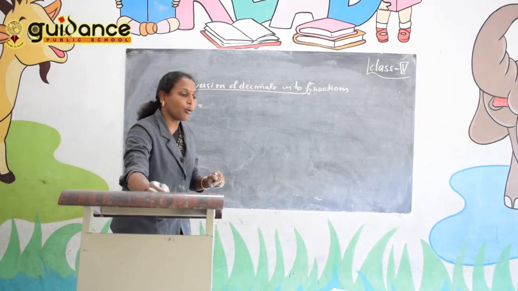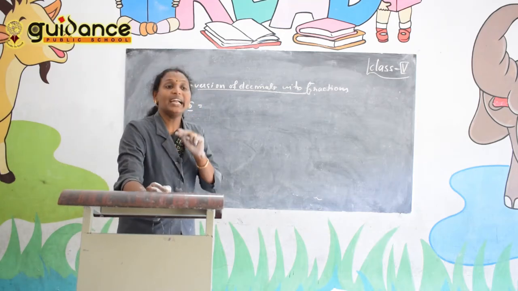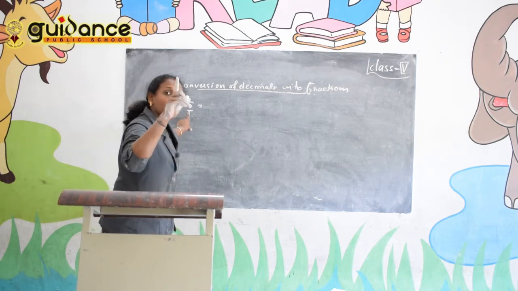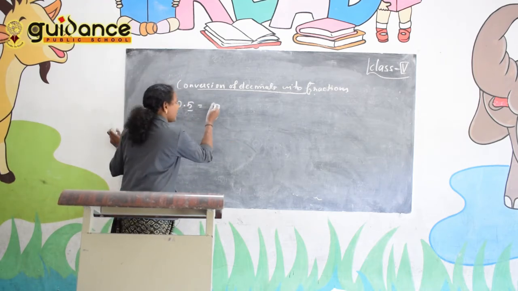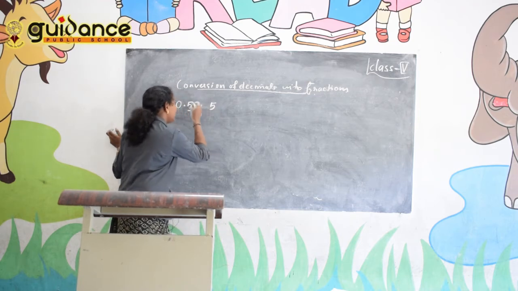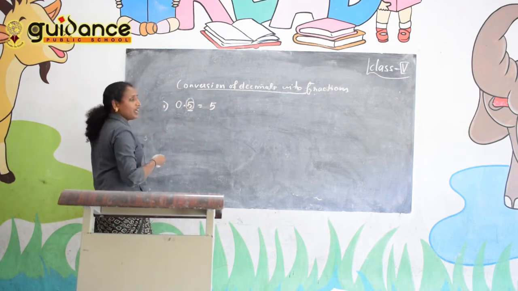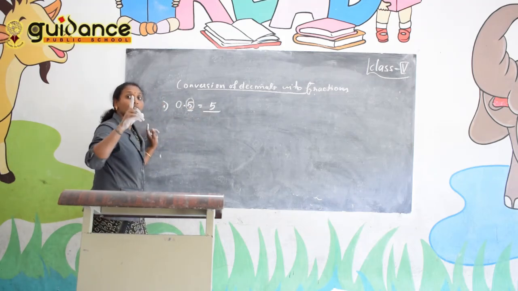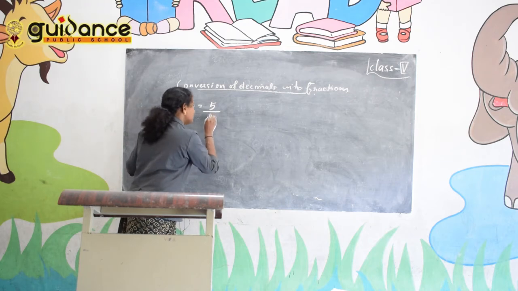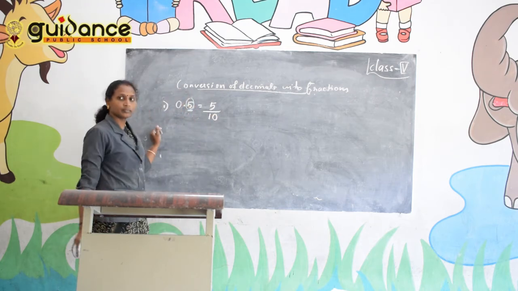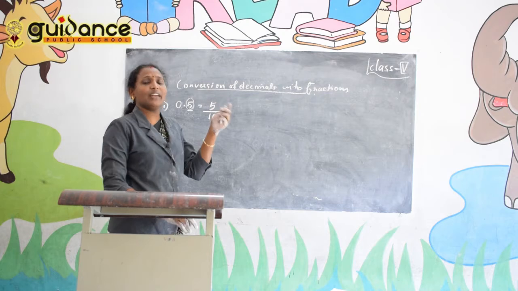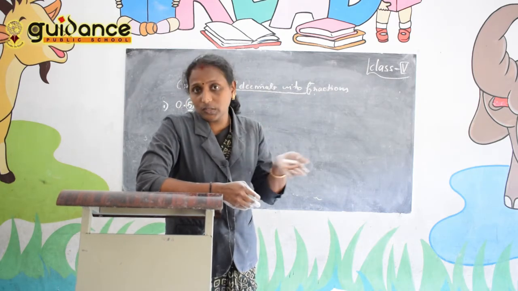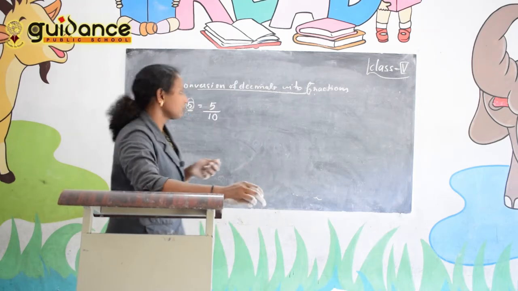Then we write the number divided by 10. If 2 digits are after the point, we write 100. If 3 digits, we write 1000, and so on. Okay, then next.